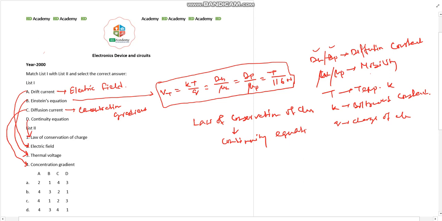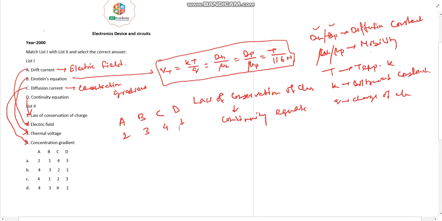So A matches with drift current, 2; B matches with Einstein equation, thermal voltage, 3; C matches with diffusion current, concentration gradient, 4; and D matches with 1. Now option A, 2143, is not the right answer.